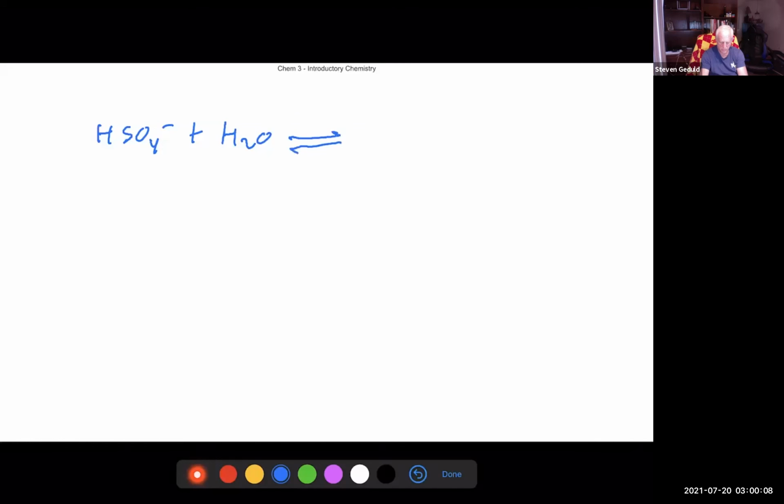It goes to SO4 2 minus plus H3O plus. We donate the H plus. This is our acid. What is that to the base?